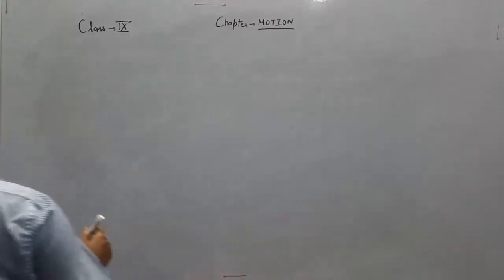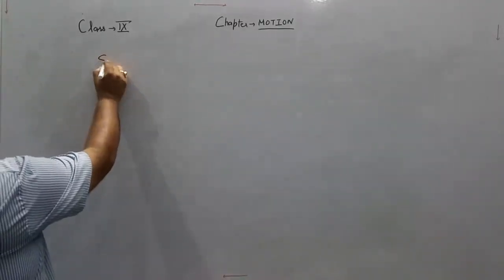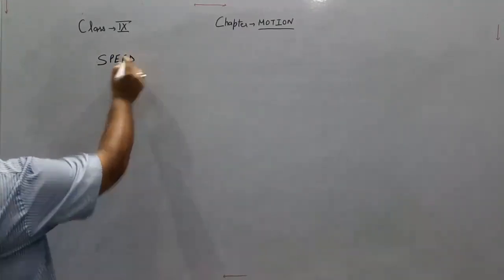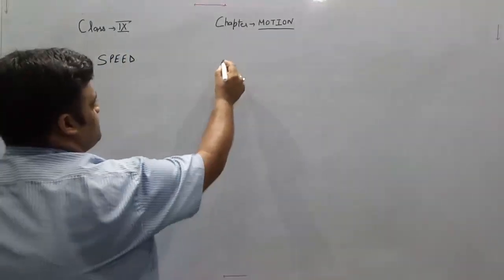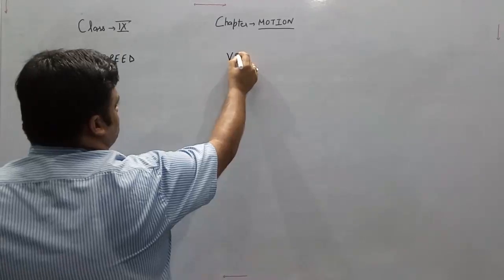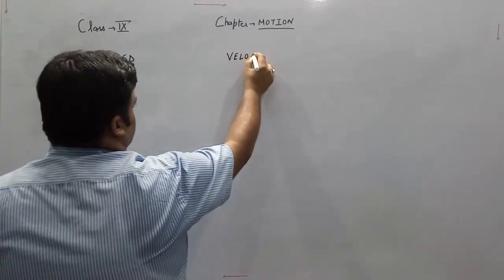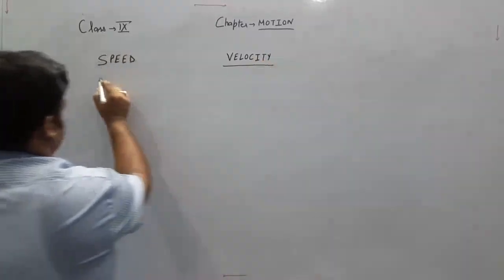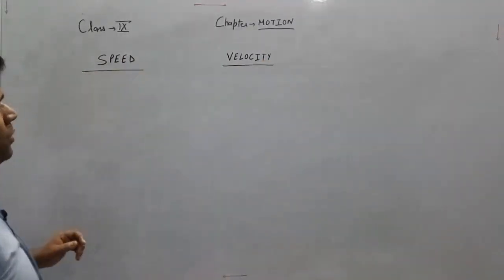Again, in speed and velocity, we have to take differences and we have to take similarities. What is speed?